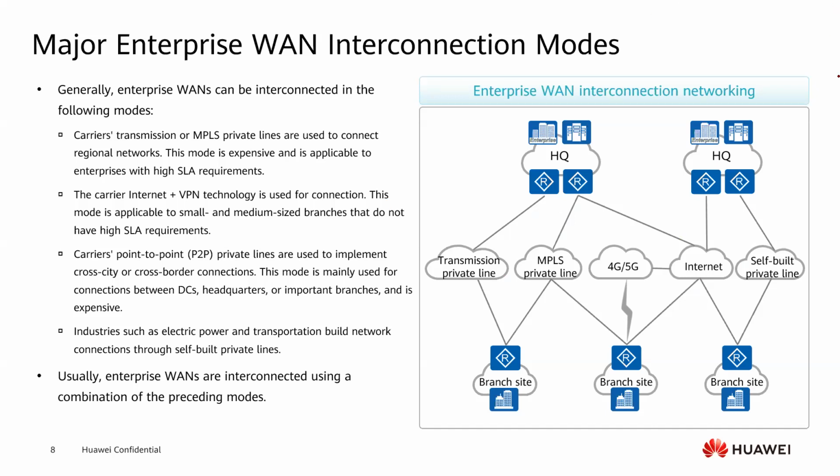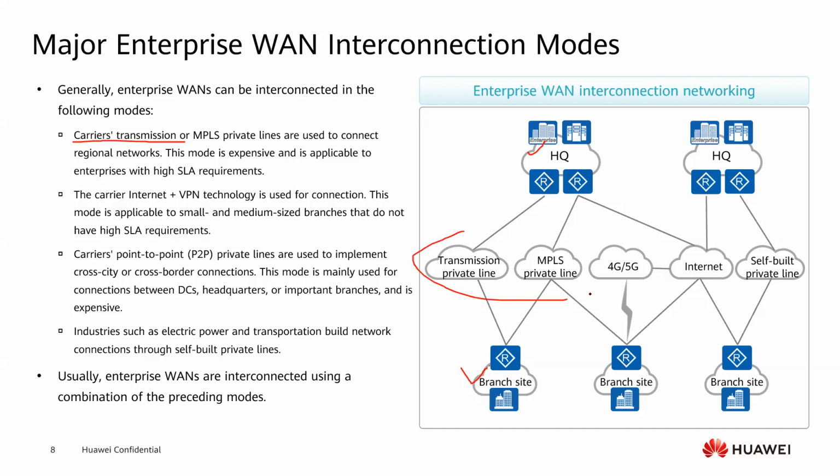So let's look at the major enterprise WAN interconnection modes. How do the HQ and the branches create the interconnection? Generally, an enterprise WAN can be interconnected in these modes. First, we can use carrier transmission or an MPLS private line.